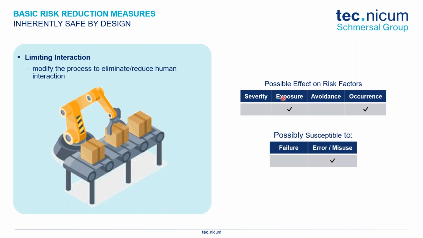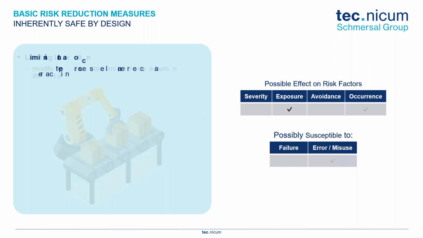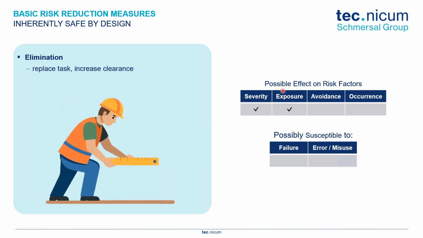Okay, so we're going to look at each one of the options from the previous slide and again see how this changes. The next one would be trying to replace the task or increase the clearance for our working environment.